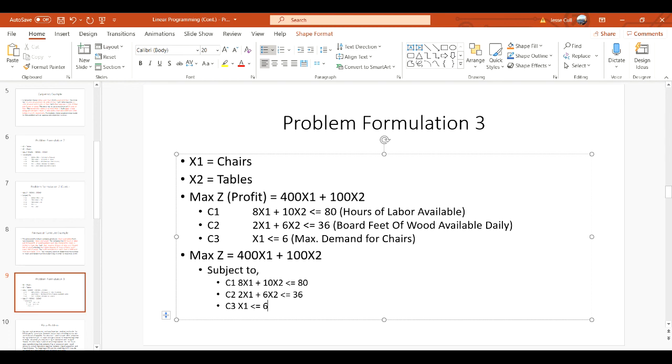So this becomes our complete problem formulation. With mathematics or using linear programming, managerial science focused computer programs, we would be able to solve this very easily now that it's been put into question format.